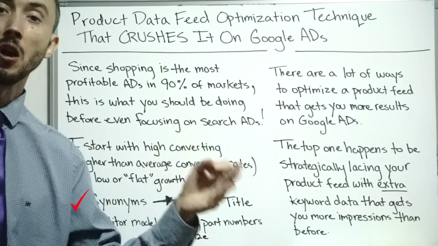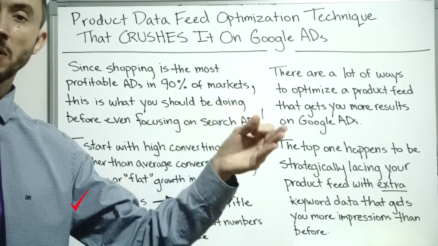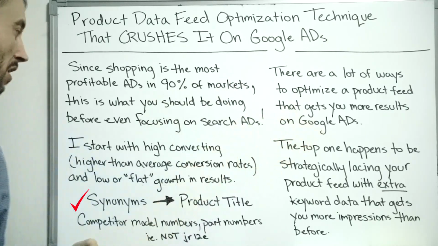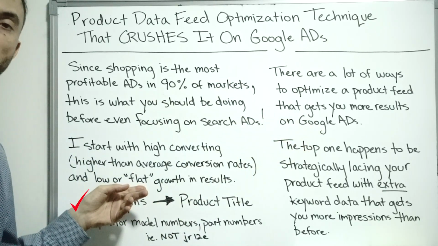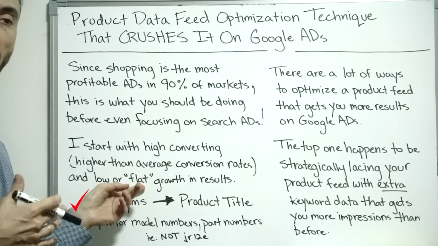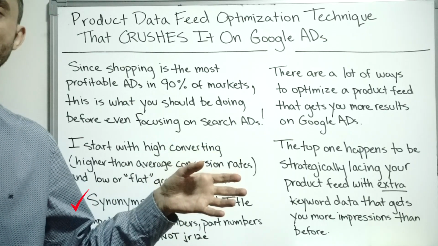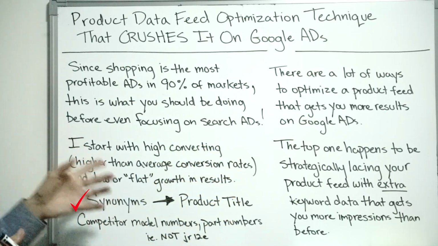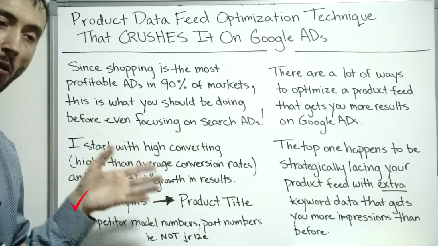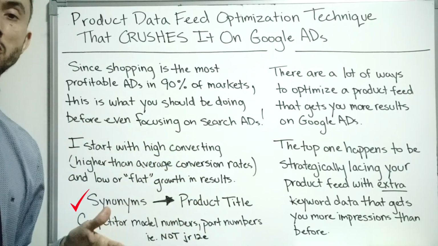In other words, they have low impressions compared to other products that are being shown from my product feed, or I am getting shown a lot, but the sales from that product is not growing over the last 6 months. Those specifically are the products that I'm going to focus my efforts in using this keyword strategy on first.